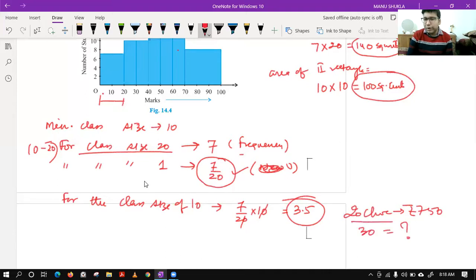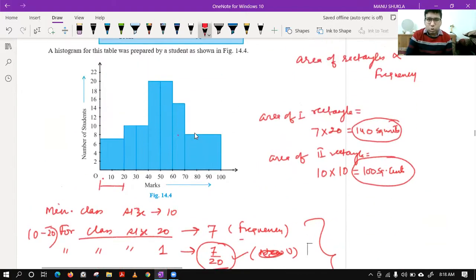What we do is, first we try to find out the cost of one chocolate, and then we multiply it with 30. Same thing we have done over here. We have found the frequency for one class size, and then we have multiplied it with 10. Same thing we will do for all the intervals, although in this case there will be no change.